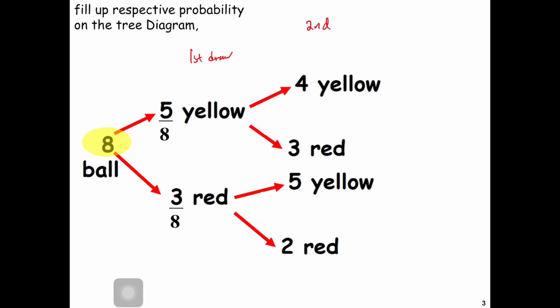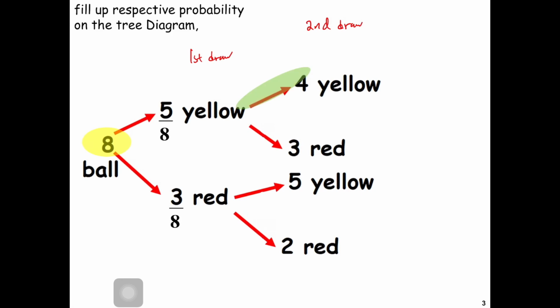For the second draw, because this is without replacement, it means that when you draw one ball from inside the bag, the number of balls remaining inside the bag for the second draw will be reduced by 1.